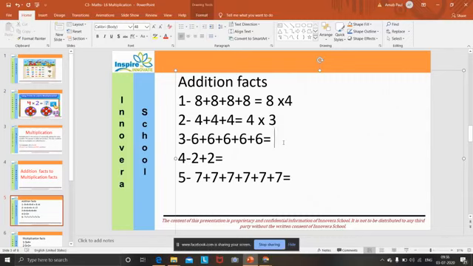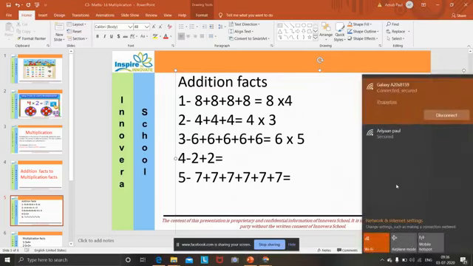It is repeating 5 times. So the answer will be 6 multiplied by 5.